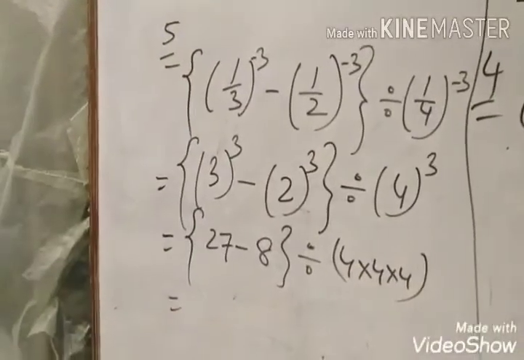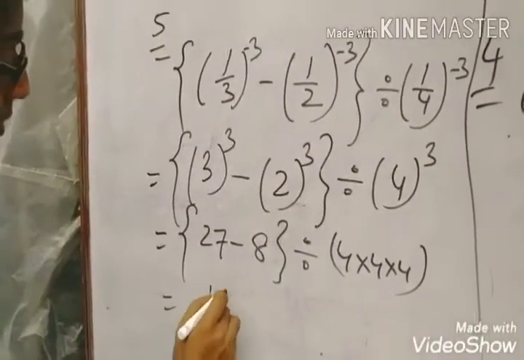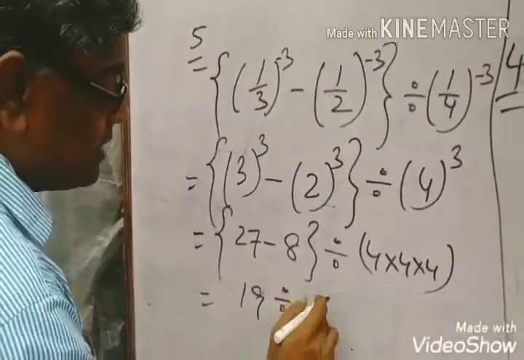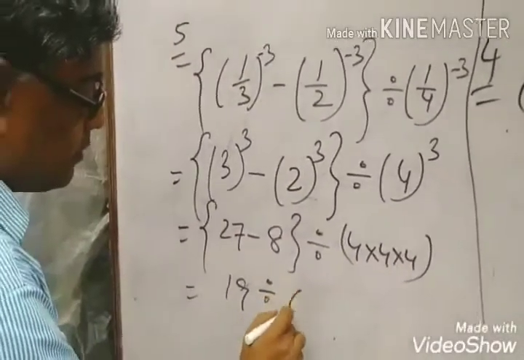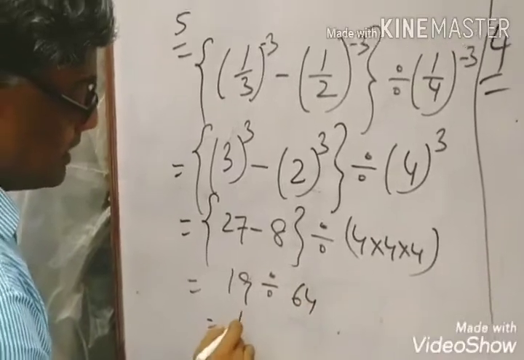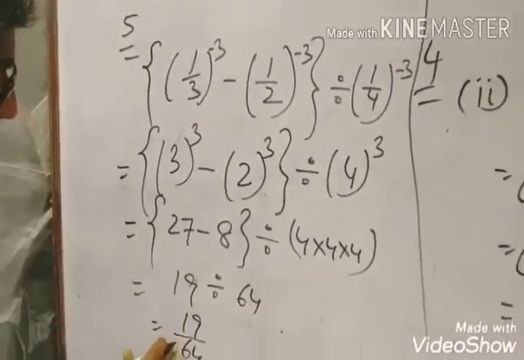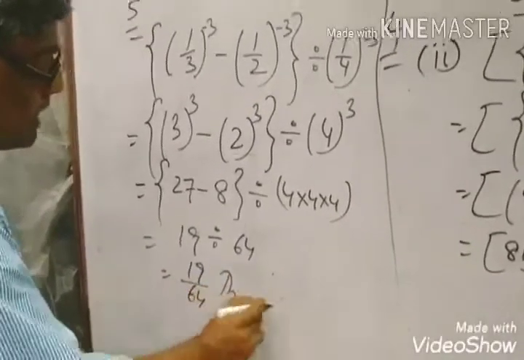That means 19 divided by 4 4 is 16, 16 4 is 64. The result is 19 by 64. This is the answer.